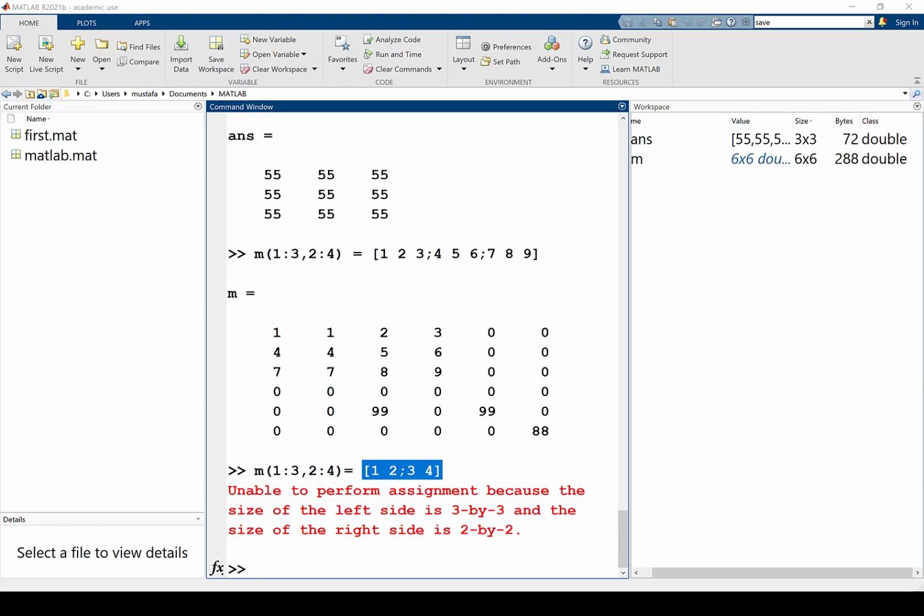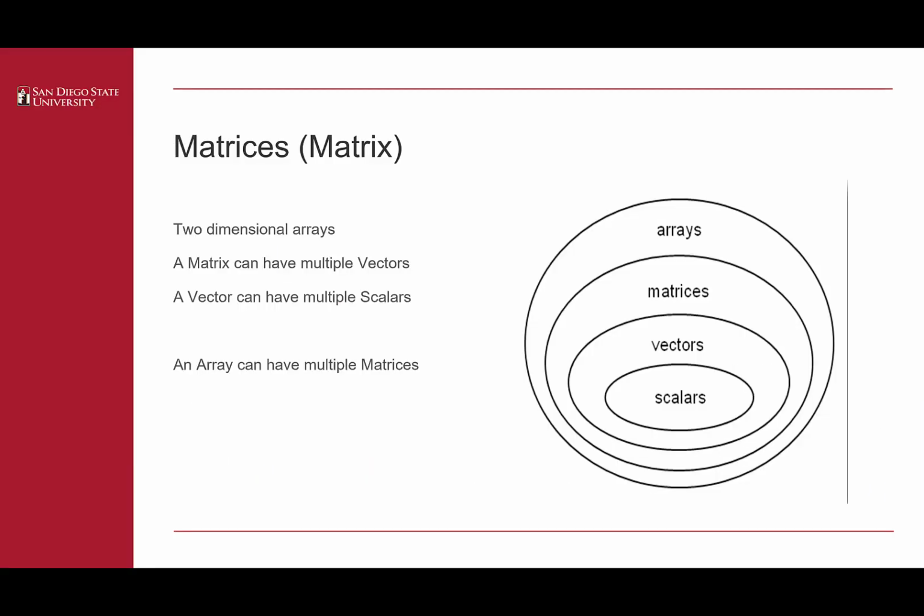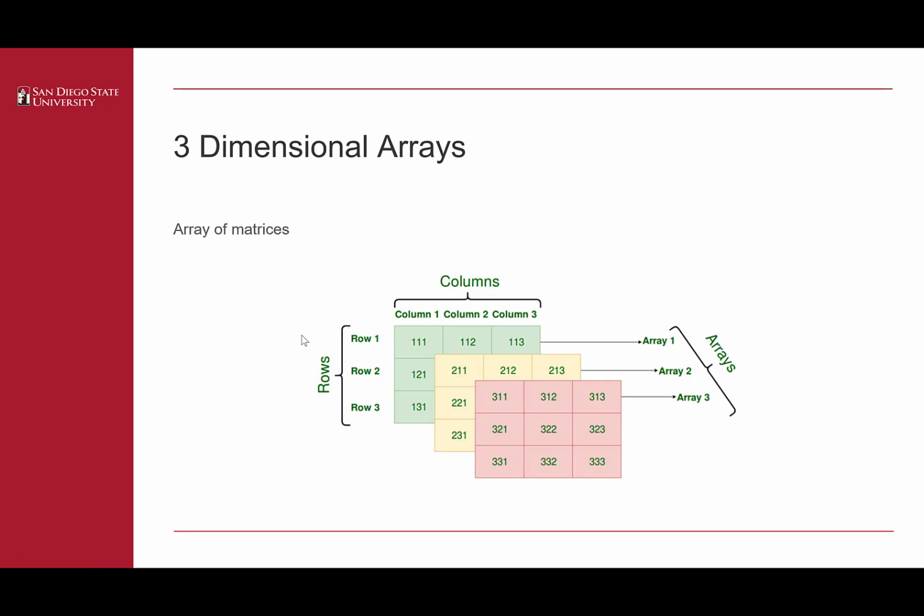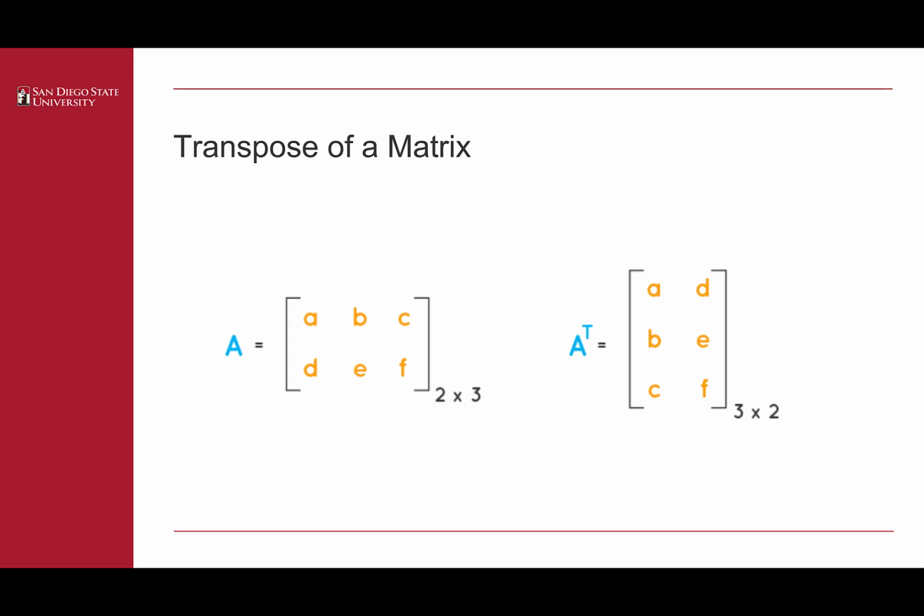And let's look at the transposing of a matrix. Transposing a matrix is replacing a matrix's rows and columns. If you replace rows with columns of a matrix, you have made a transpose.